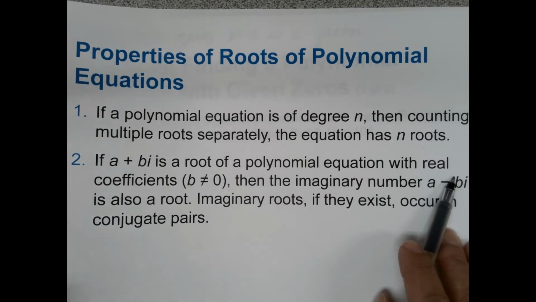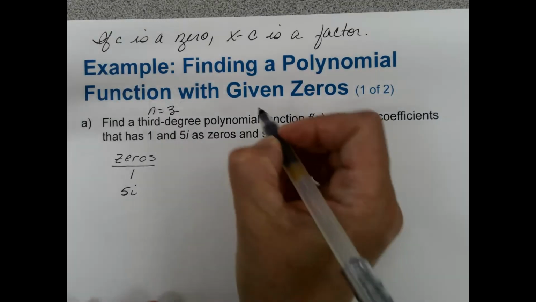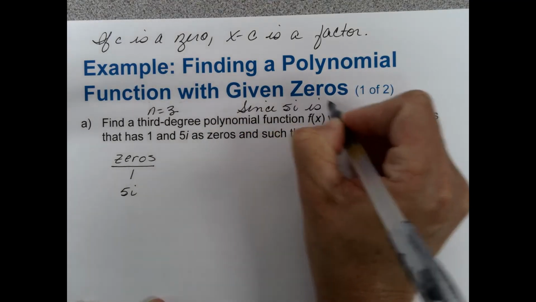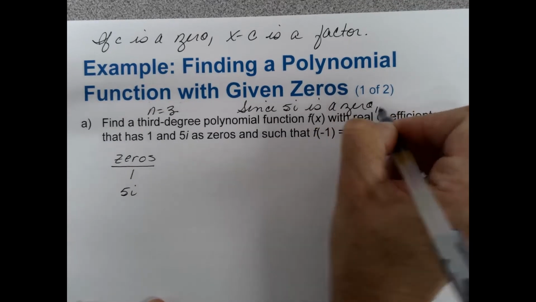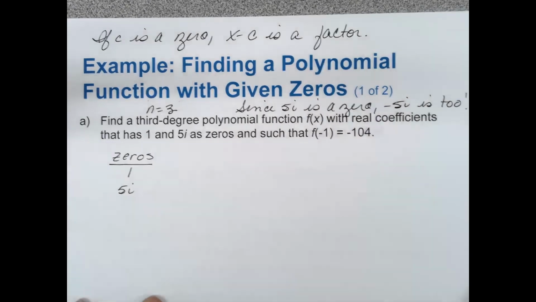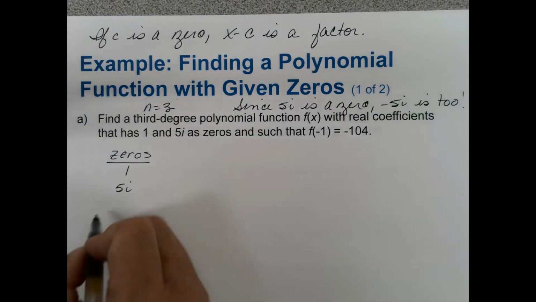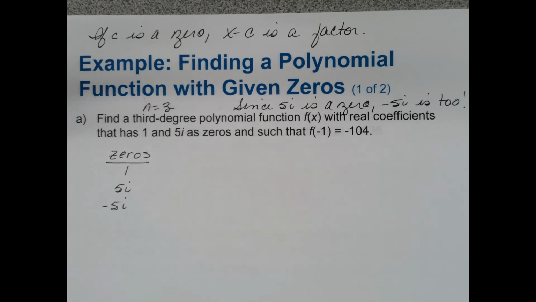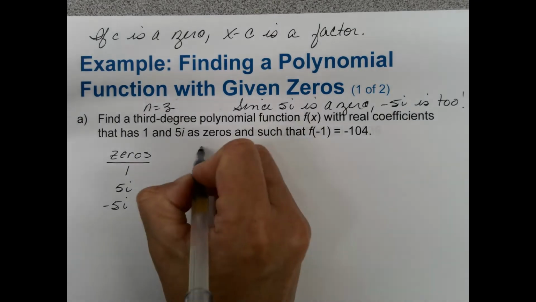Conjugate pairs. And so here, since 5i is a 0, negative 5i is too. The conjugate pairs theorem. Okay. So those are our zeros.